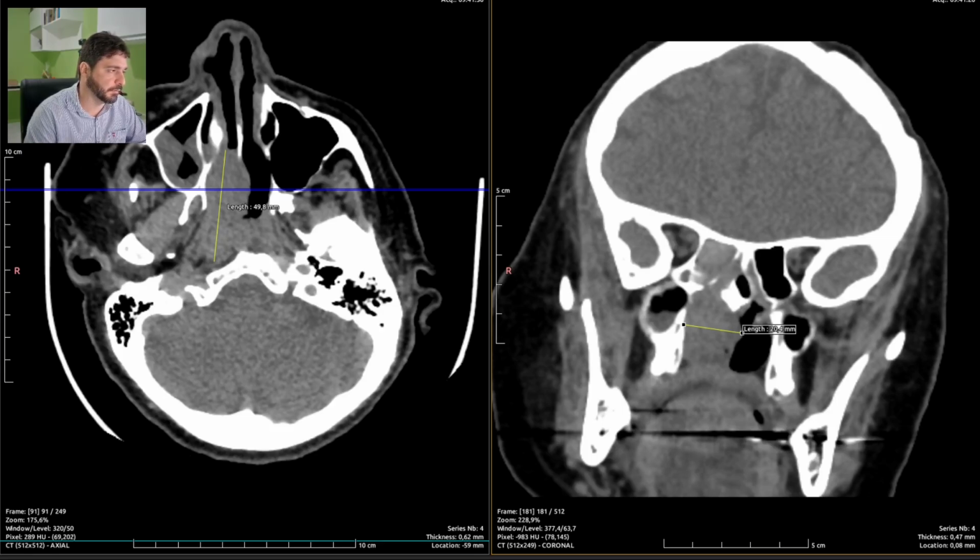I'm going also to tell that it has signs of aggressive behavior because it is eroding, it is destroying bone.